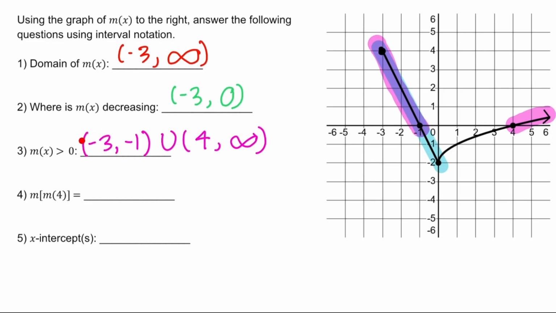Could we say that then -3 is included in the interval? Well, let's think about it. X equals -3, we're at +4. Is that a positive output? Yes, that would be. So then in that case, we would have a bracket on -3, but not here because we are excluding that point from m of x.